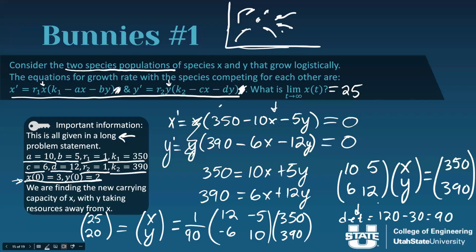You can also do this using Gauss-Jordan elimination. And how that works is, again, we go back to this step where we have our matrix times our xy. And all we're going to do is set up the matrix, but this time we're going to augment it with our vector over here.